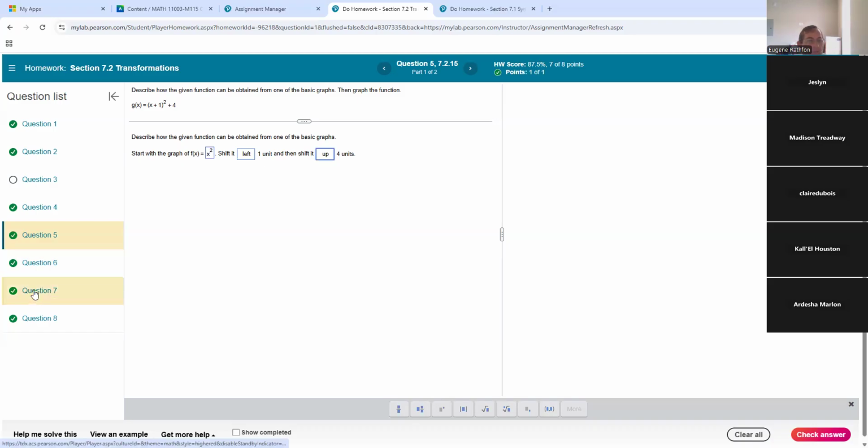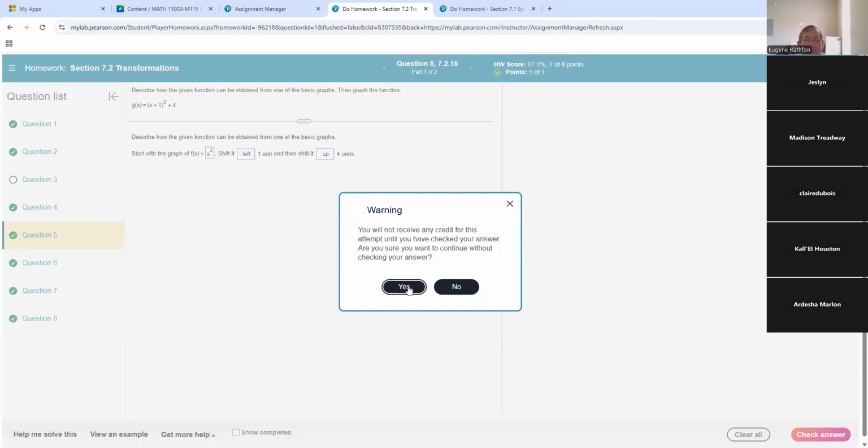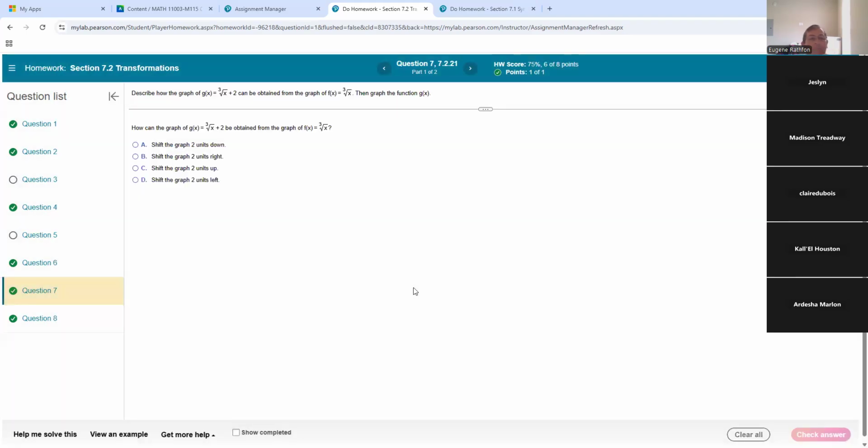All righty, y'all. So let's see. Cube root of x plus 2. Is that plus 2 added at the end going to move me A, B, C, or D? 2 units down, 2 units right, 2 units up, 2 units left.